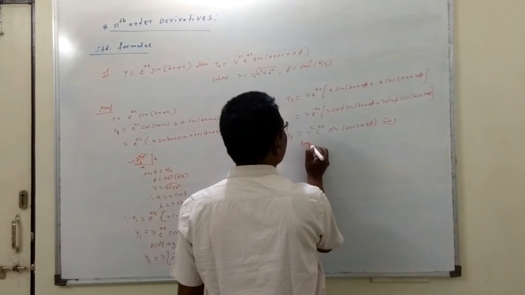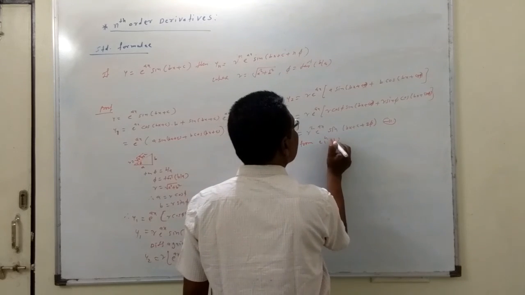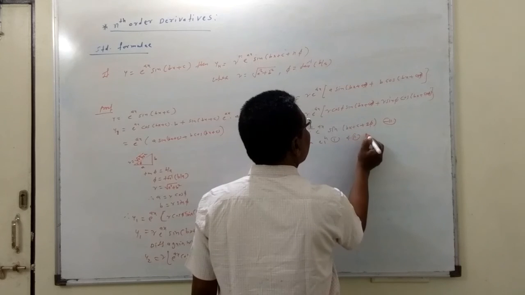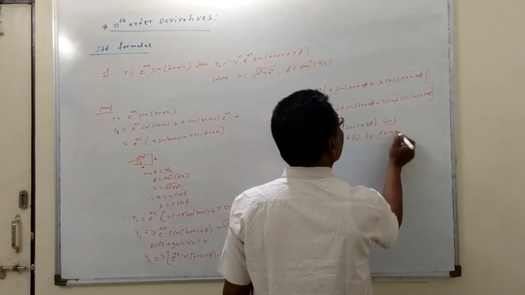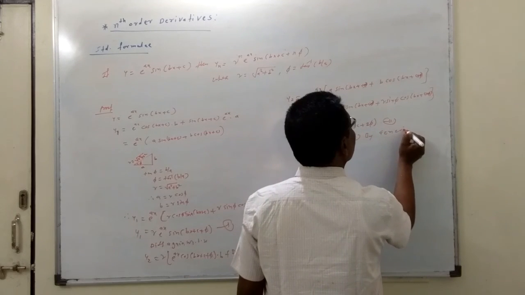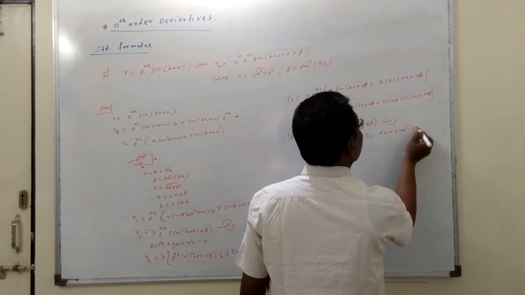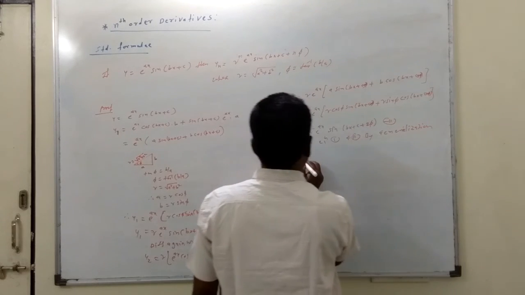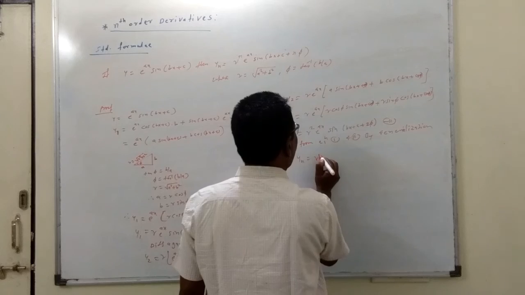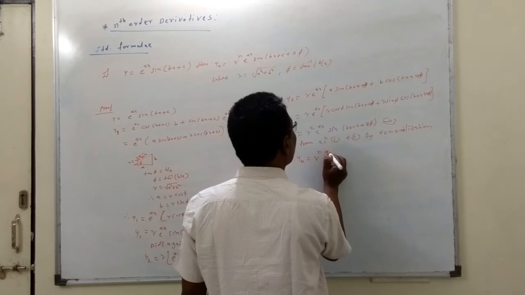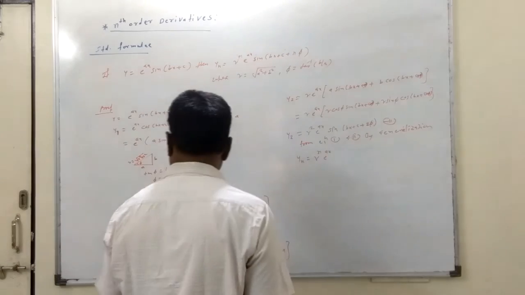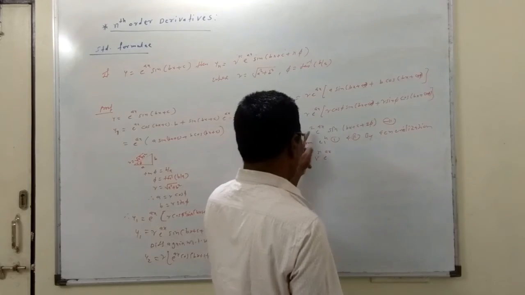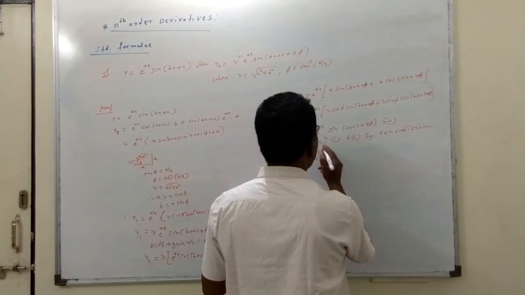So from the first and second equations, by generalization, yn is equal to r raised to n e raised to ax. When n is 1, r power is 1; when n is equal to 2, r power is 2; so when n is equal to n, the power is n.